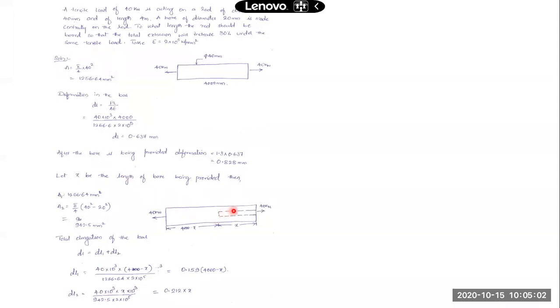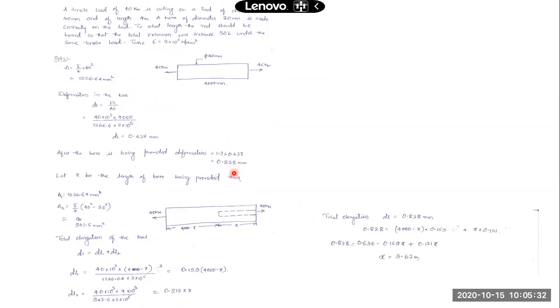It will be the area of the hollow portion, pi by 4 into 40 square minus 20 square, where 20 is the diameter of the bore. These are the two deformations in this bar, for the solid portion and for the hollow circular bar. Now when you add up these two, it should come out equal to this 0.828.